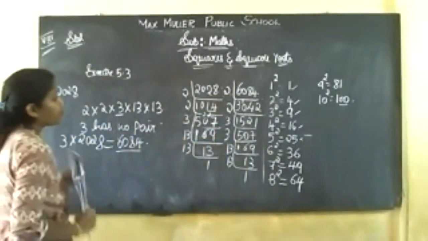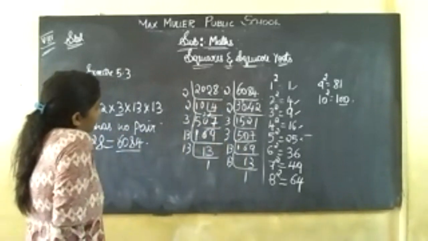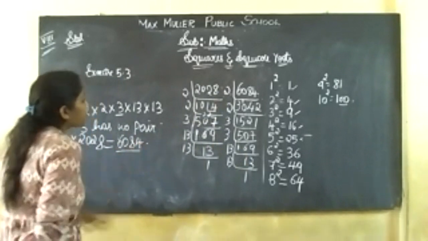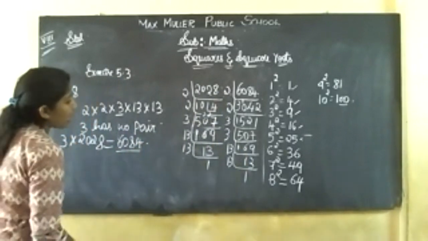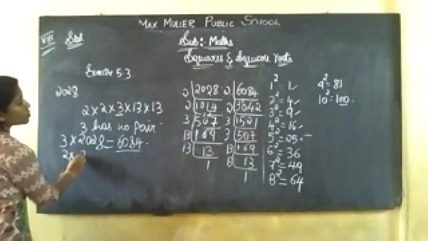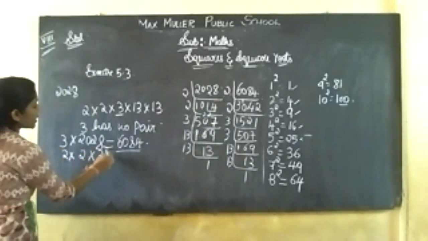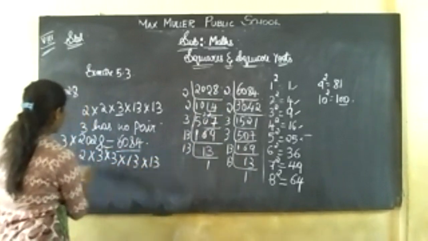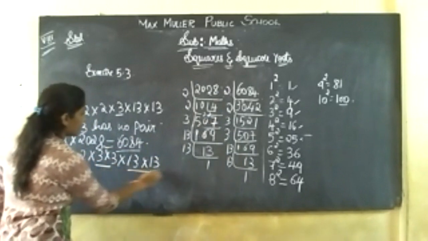Okay, yes. Now you got the pair numbers here: 2 cross 2 into 3 cross 3 into 13 cross 13. So 2, 3, 13.